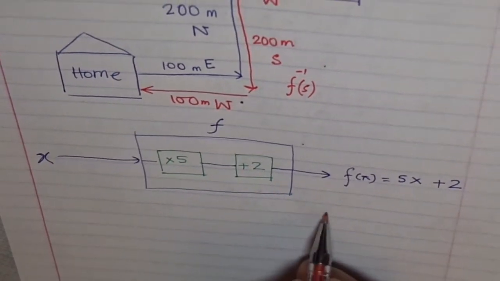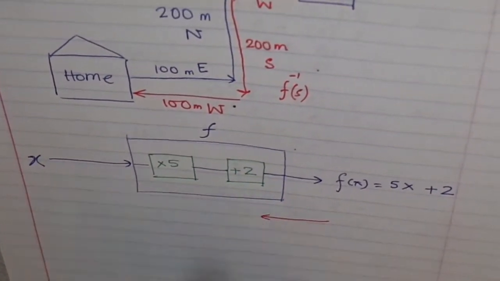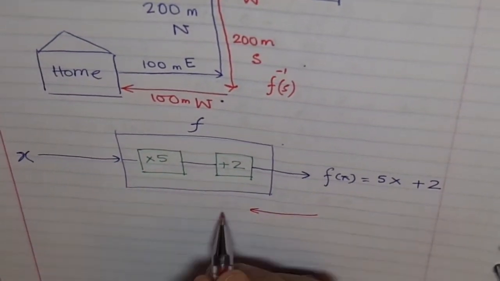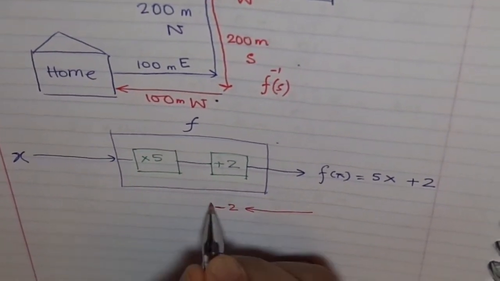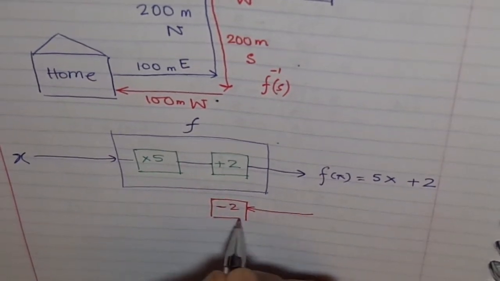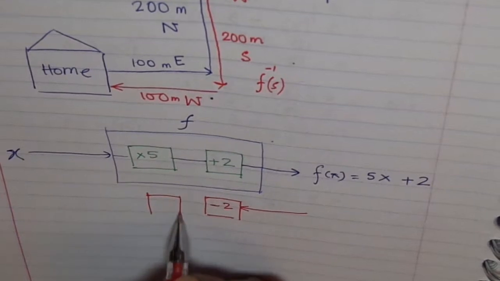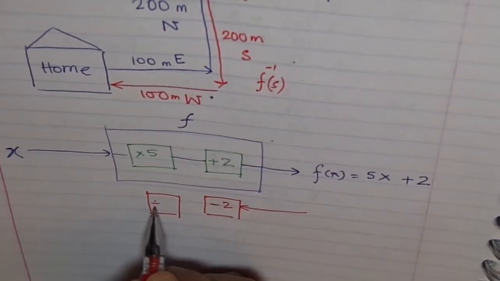So from here, when we start, what happens? We should do minus 2. And then, instead of multiplying, we'll divide by 5.